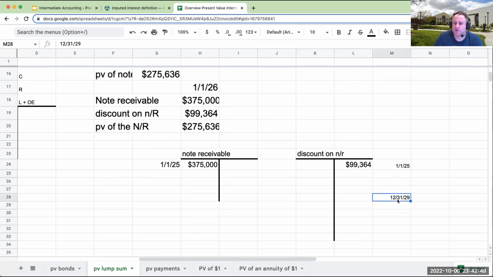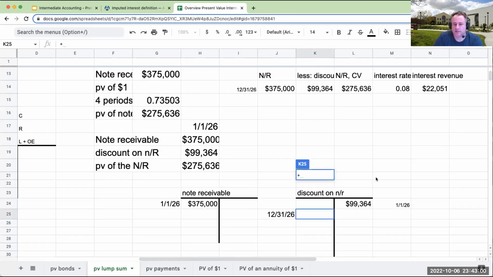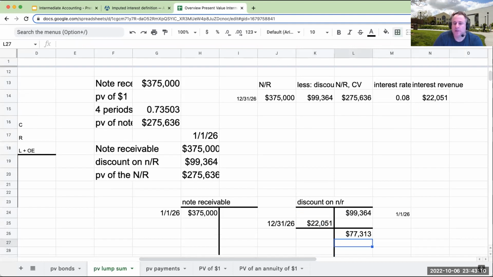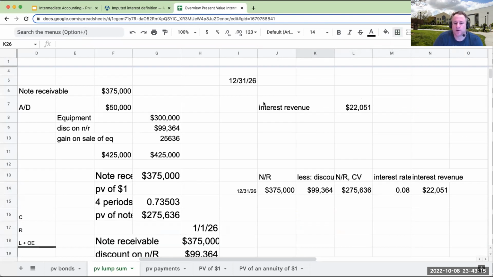So the way I'm going to make this go down is on 12/31/26, I'm going to debit this balance for the same amount, $22,051. So my ending balance on the discount on notes receivable is going to be $77,313.